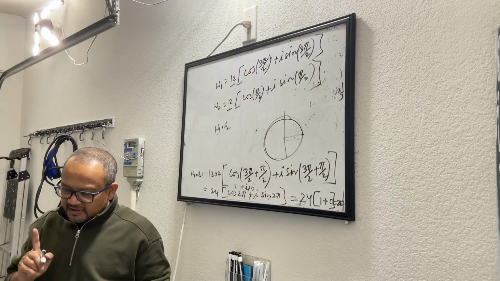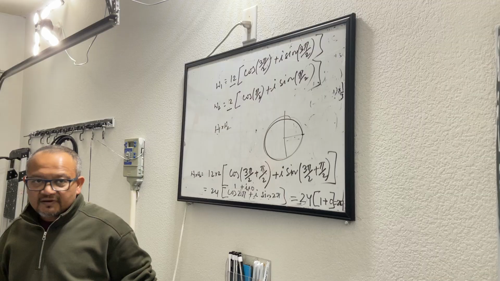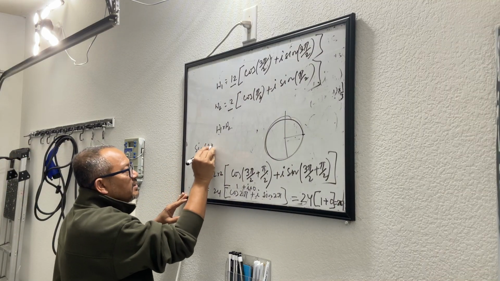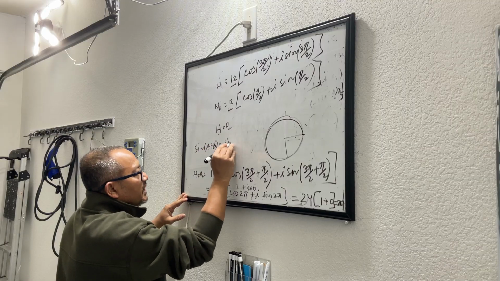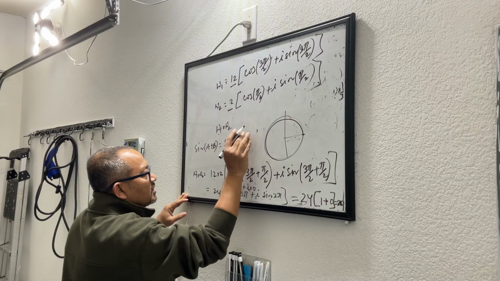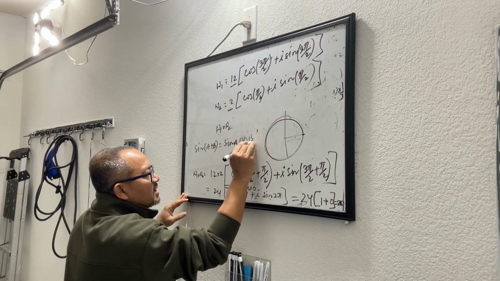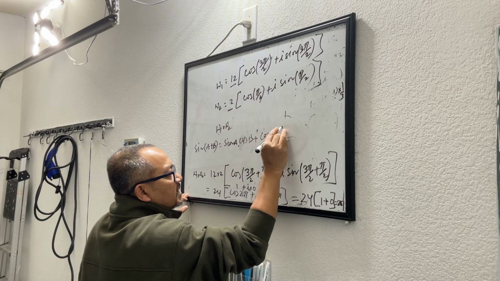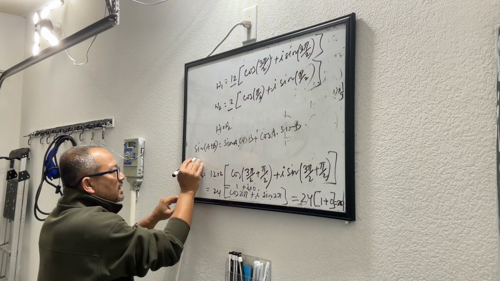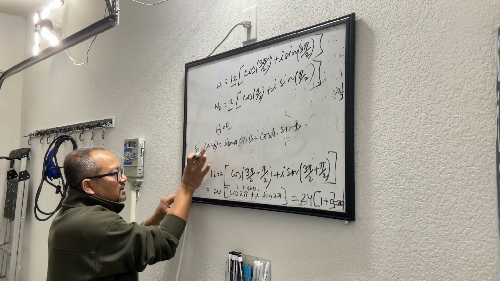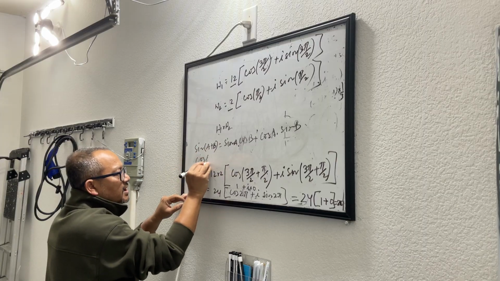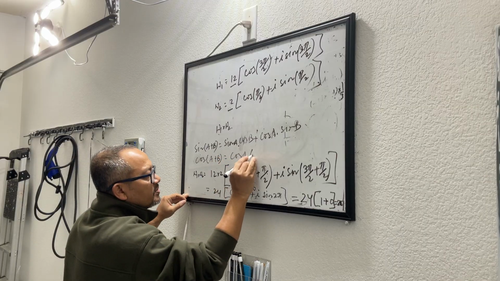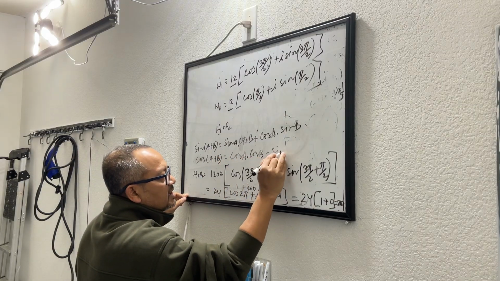So please remind me in the next SAT class, I will prove these two formulas: sine of a plus b equals sine a cos b plus cos a sine b, and cos of a plus b equals cos a cos b minus sine a sine b.